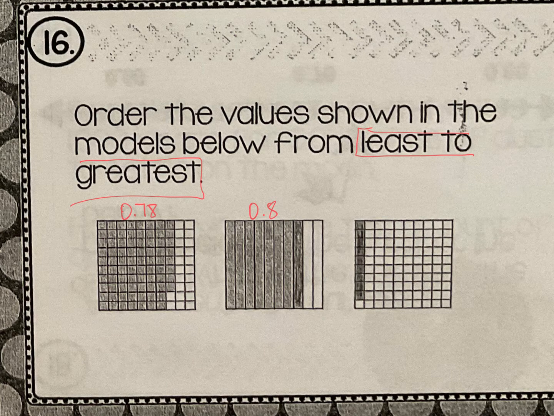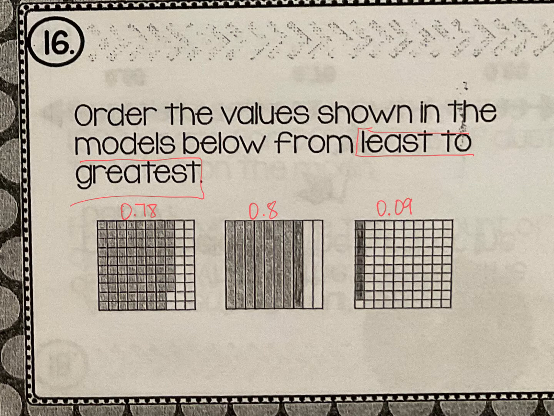And then what is the last one, Tiana? 9 tenths. Are you sure? Okay, remember what Miss Anderson showed y'all? You have to picture, is it 9 of these or 9 of these? This is tenths, this is hundredths. Okay, so it's 9 hundredths.